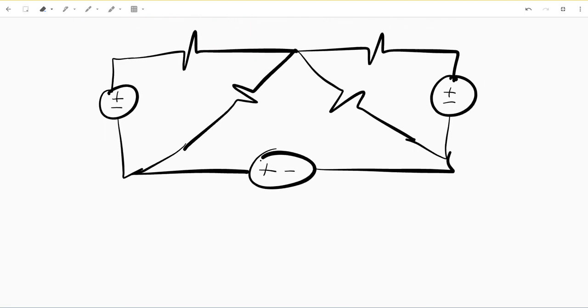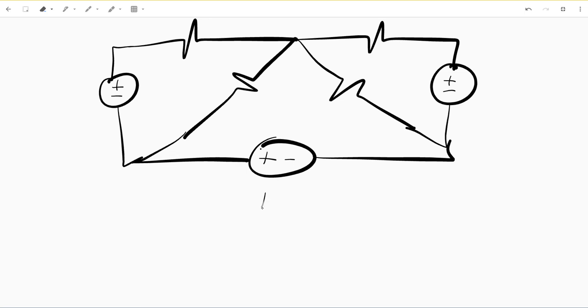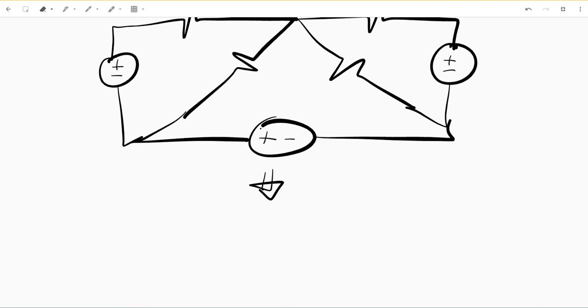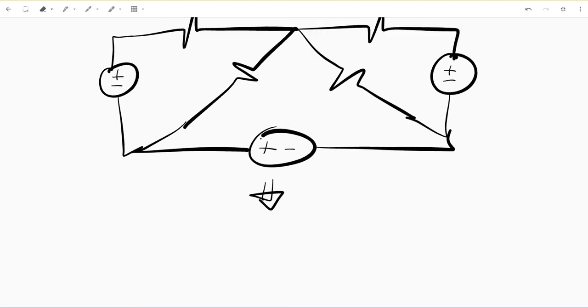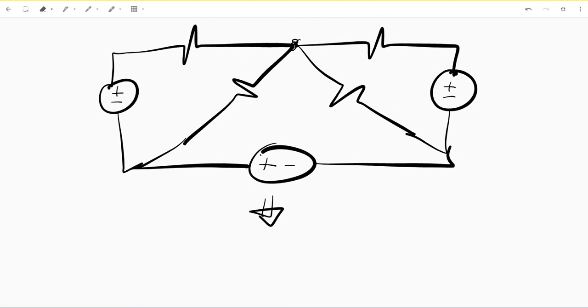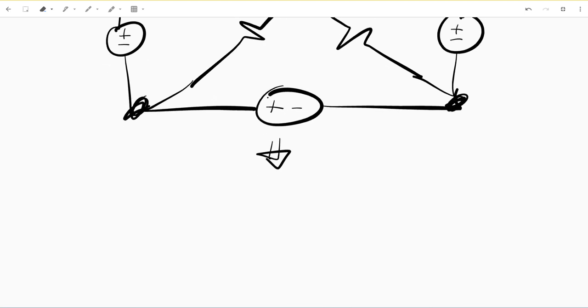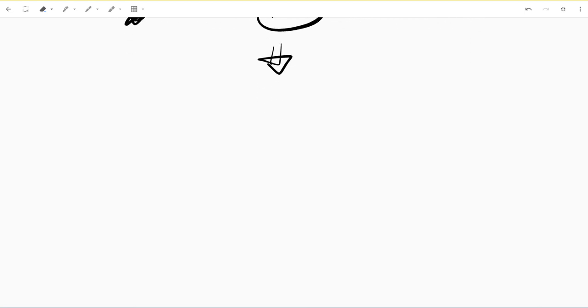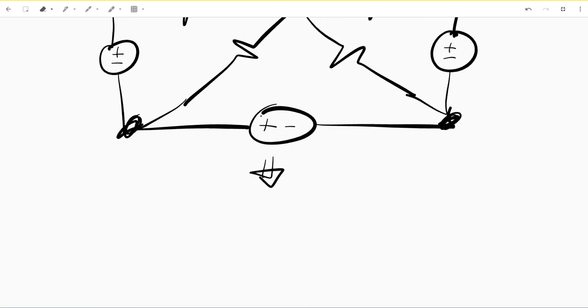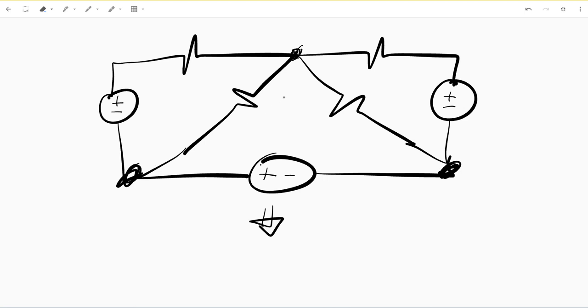So we can redraw this to look something a little bit easier on the eyes, because this can look a little confusing. These delta configurations is what we call them, because it looks like a delta.